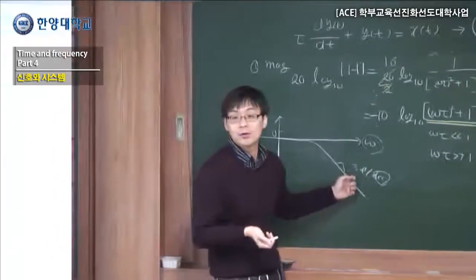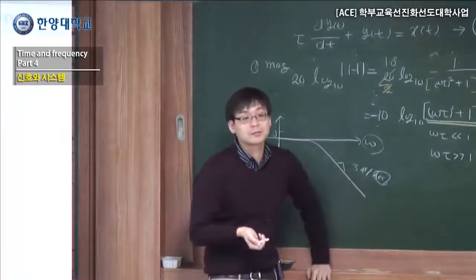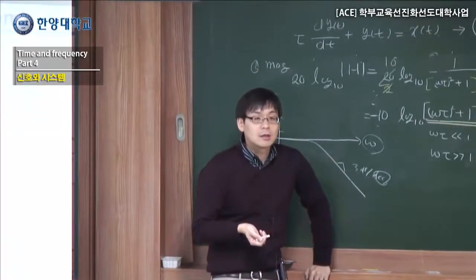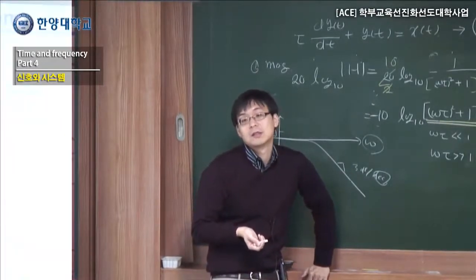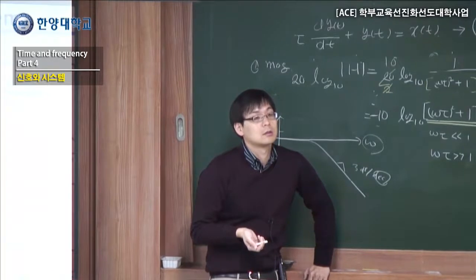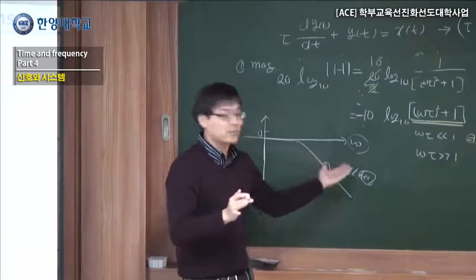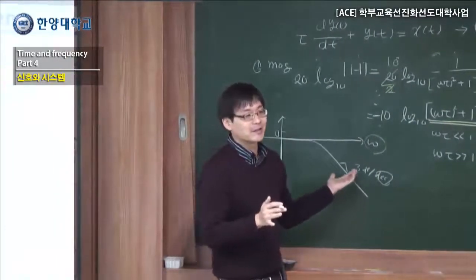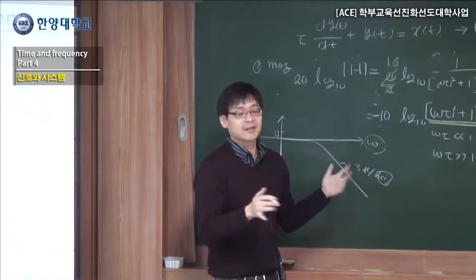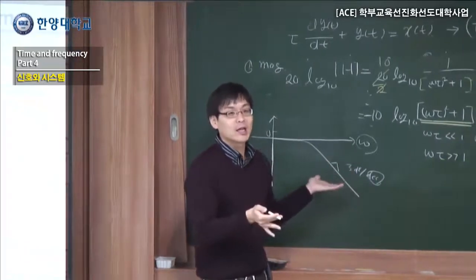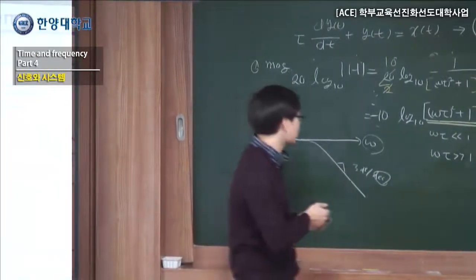Why does 3 come out? What is an octave? An octave is 12. I think all of you know that it's 3 dB per decade, but I think not many of you have thought about why the 3, right?